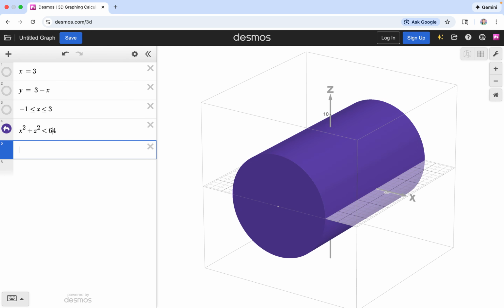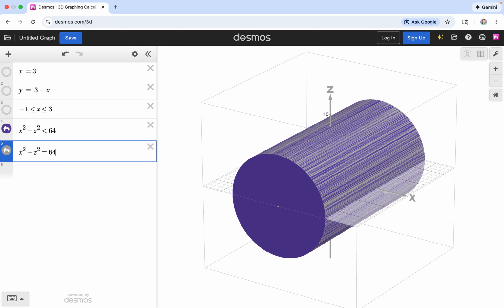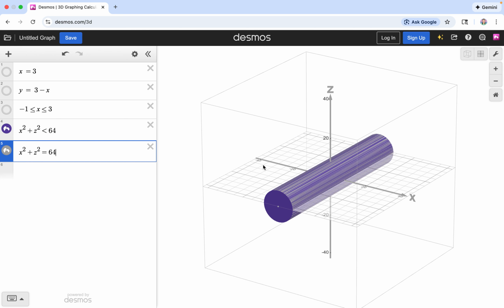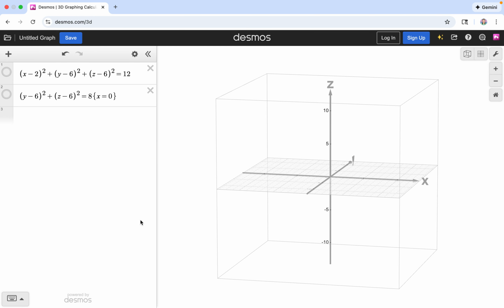And if I do the interior and I do x squared plus z squared equal to 64, then that gives me the boundary, okay? Of course, this is not actually continuous. So imagine if you had infinitely many of these, it'll be solid. Okay, perfect.